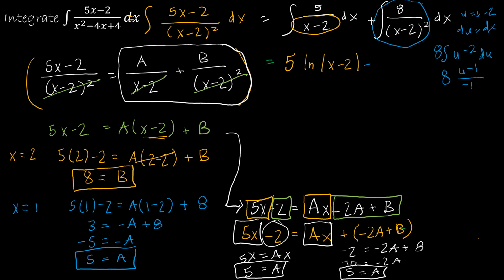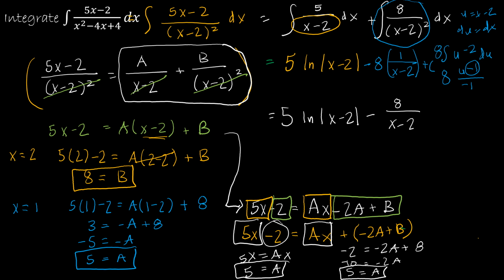So that's going to give me minus 8, and then u to the negative 1, u was x minus 2, so u to the negative 1 is 1 over x minus 2 to, obviously, the first power, plus c. So my final solution: 5 natural log absolute value of x minus 2 minus 8 over x minus 2 plus c.